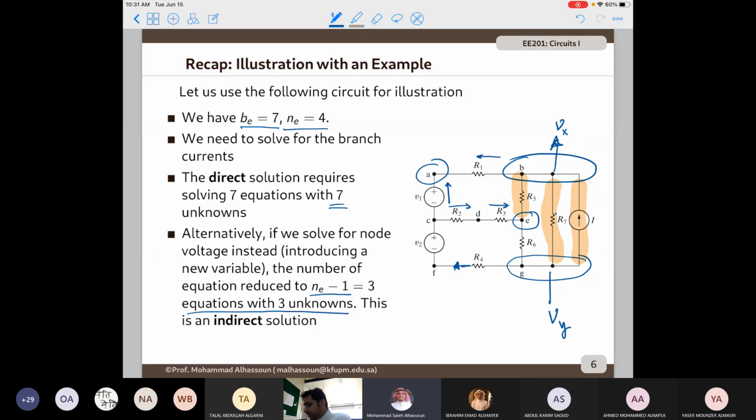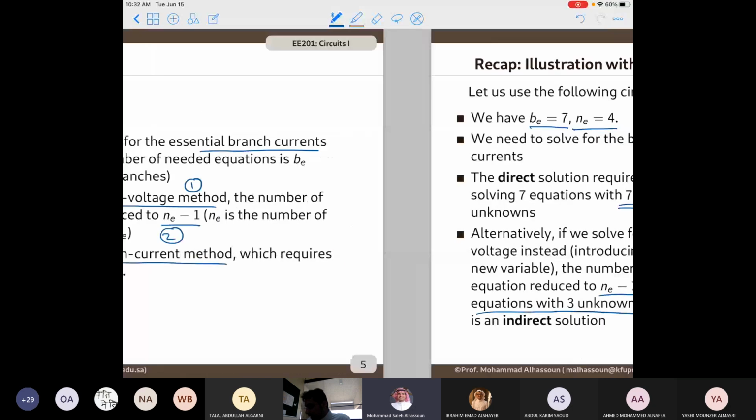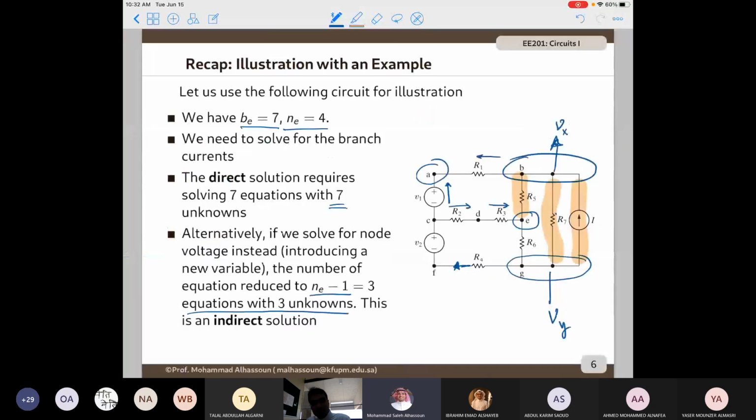And if we introduce the mesh current, we're going to reduce the number of equations from BE, the number of essential branches, to BE minus NE minus 1, which is, in this case, 4 equations.